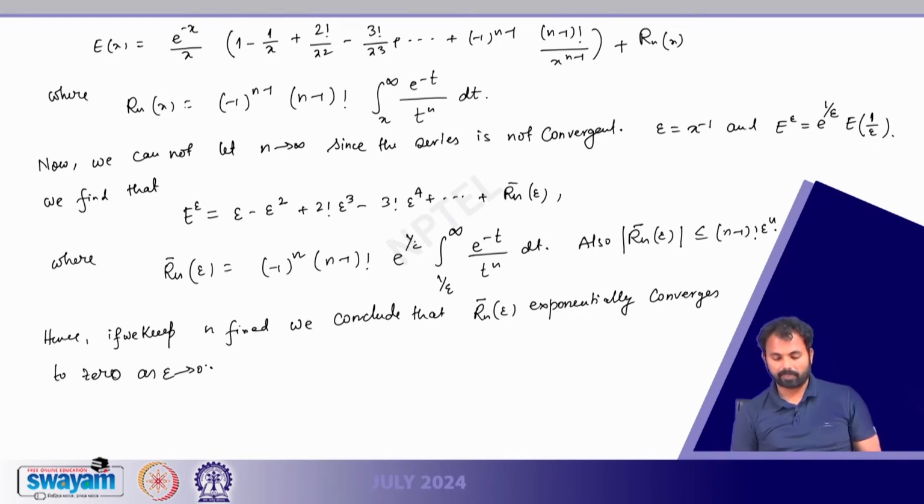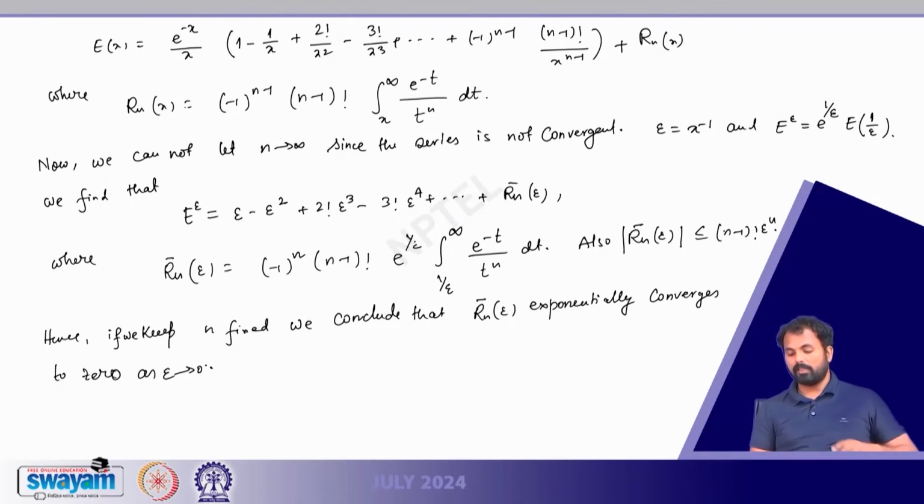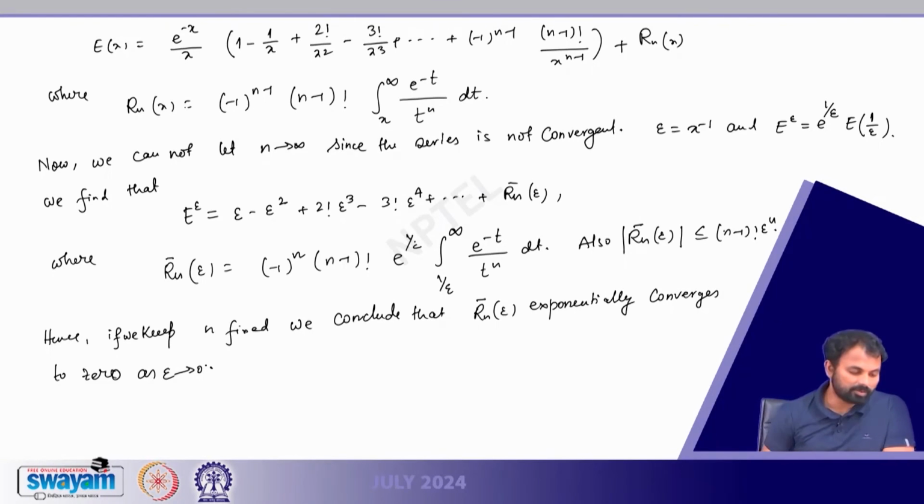So, with the help of this asymptotic expansion, or just a power series expansion in epsilon, we can keep n fixed, even have larger values of n, and this R n bar of epsilon will converge to 0 as epsilon tends to 0.